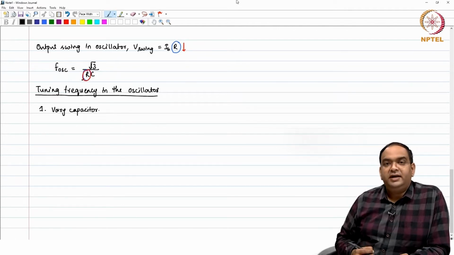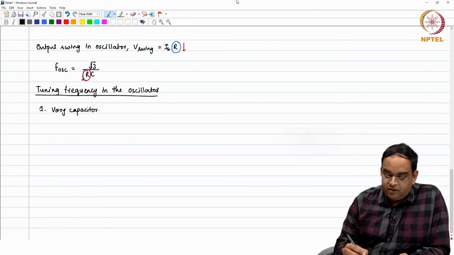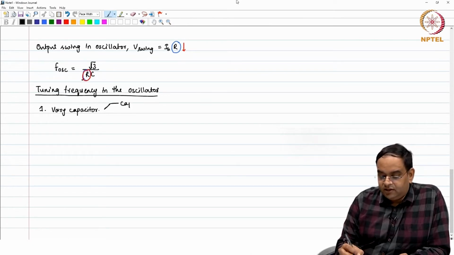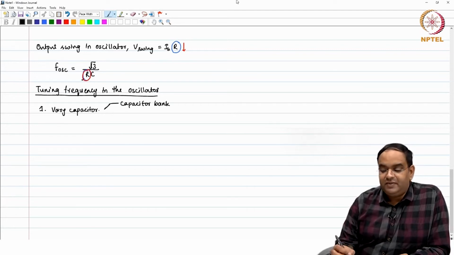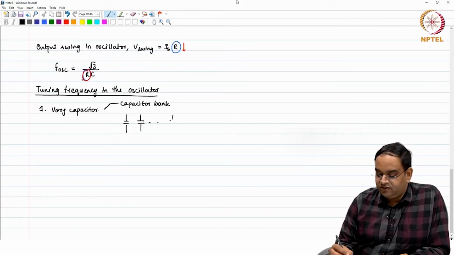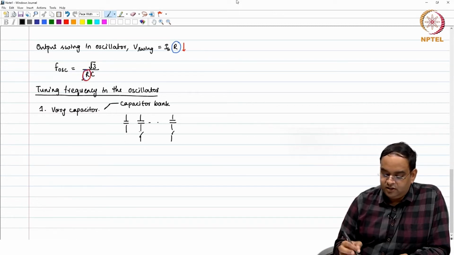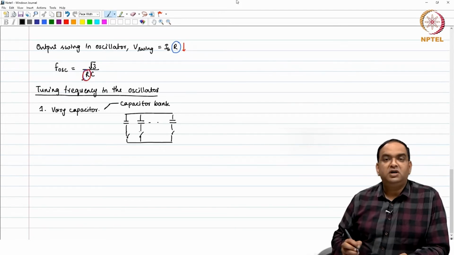This particular technique is used to vary the output frequency, but quite often a capacitor bank is used to vary the frequency, and capacitor bank means that you are having multiple capacitors connected with switches, and you switch in these capacitors depending on the frequency which you want between your output nodes.